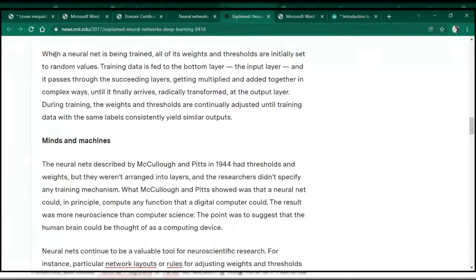When a neural net is being trained, net means network, all of its weights and thresholds are initially set to random values. So random values means it will be able to take in all. It will be able to determine, okay, 5 sides group there, 3 sides group there, 2 sides group there, 6 sides group here.